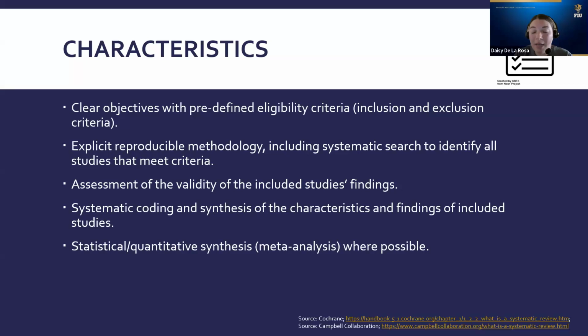You have to assess the validity of the included studies' findings. Once you have your included studies, there's a systematic coding and synthesis of the characteristics of those studies and the findings. And then if possible, doing a statistical or quantitative synthesis, that's the meta-analysis, if it's possible.